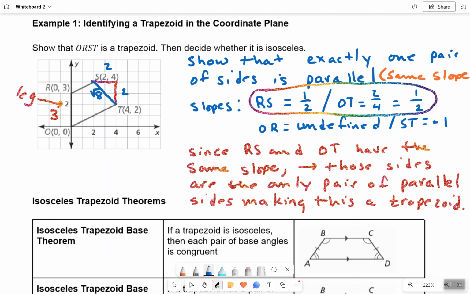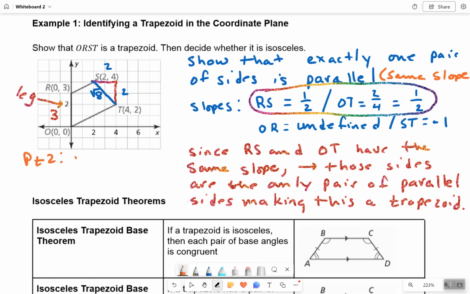Okay, is the square root of 8 equal to 3, kids? So is this side right here, from O to R, the same as this distance from S to T? Are those two distances the same? Okay, so I'm going to write down here, part 2.